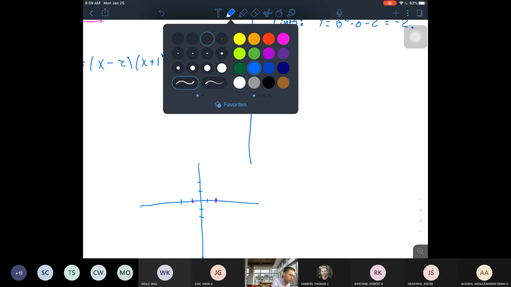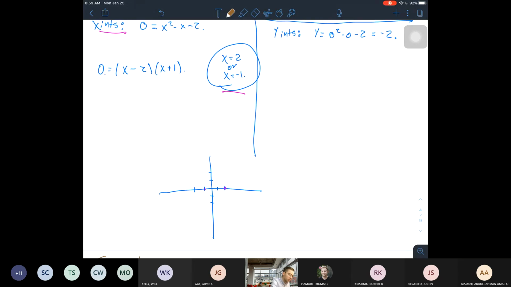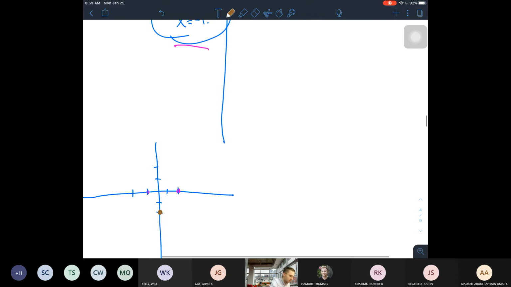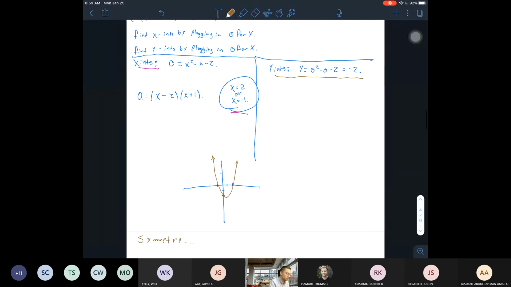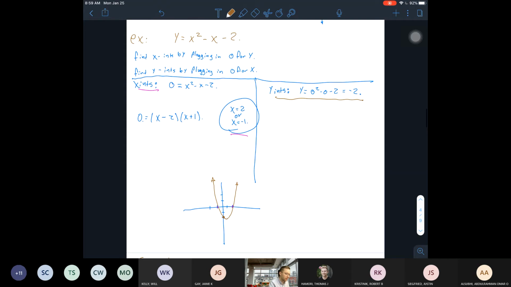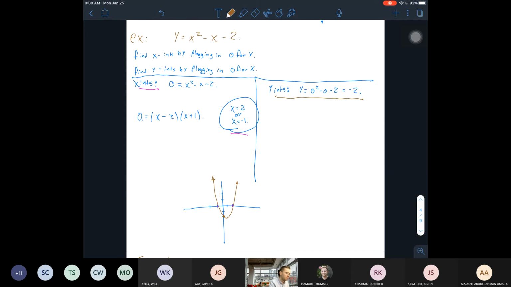Then we're going to have a y-intercept, which I'll do in brown, at -2. So if we were to fill in what this would look like, something like this. Again, I knew that it was going to have a parabola shape because the equation is quadratic, and quadratic equations always graph as a parabola.